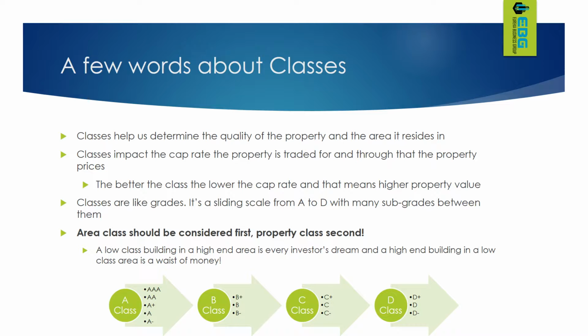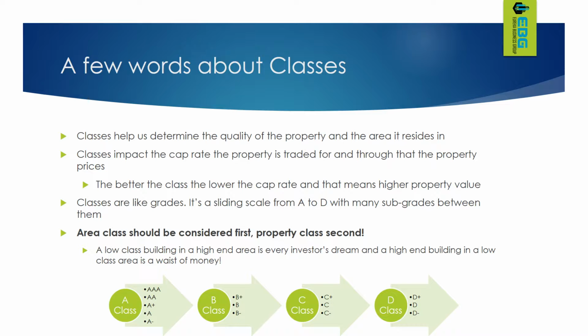Classes also impact the cap rate of the property. The higher the class, the better the property condition and the better the property is, the lower the cap rate it's getting traded at. And immediately, by the way we evaluate multifamily properties, which is NOI divided by cap rate, it increases the price of a property.